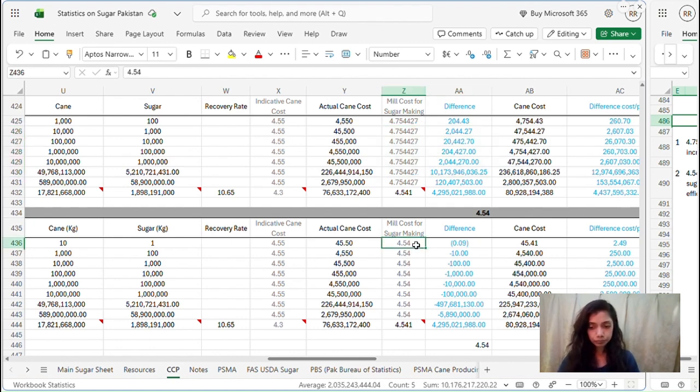But here, when we only took the cane into consideration, and not the sugar recovery rate, and not the variety as well, the numbers reduce. Not that these both are different or in contrast to each other. This is different and this is different, and this is to understand the mechanism or the science beneath the numbers.